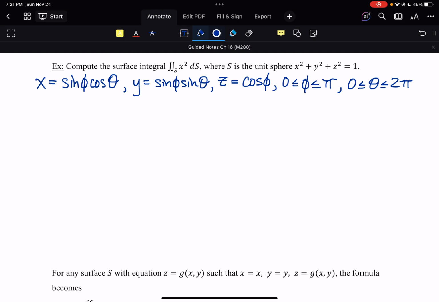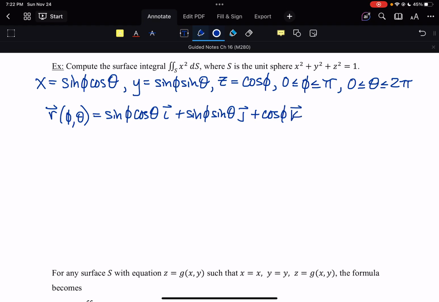So we can create the vector equation r of phi and theta. That's going to be x i, y j, and z k, so sine phi cosine theta i plus sine phi sine theta j plus cosine phi k. So this would be our vector form for those components.